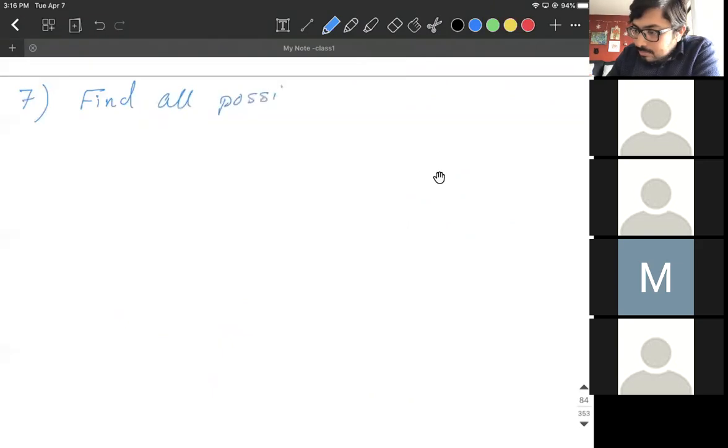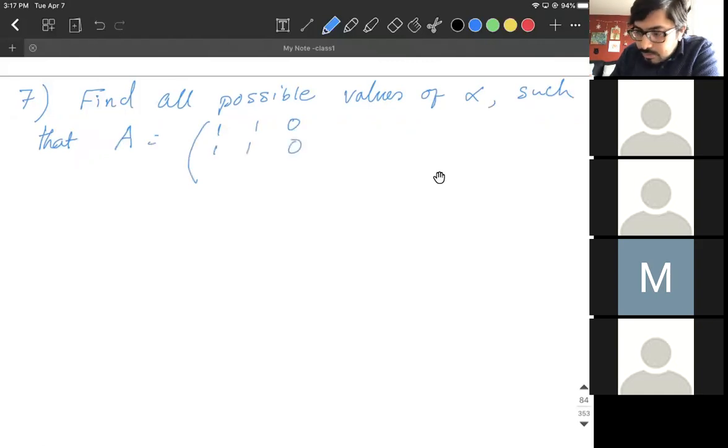Find all possible values of alpha such that this particular matrix A, which is 1, 1, 0, the first two rows are the same, and the third row is 0, 0, alpha, is diagonalizable.